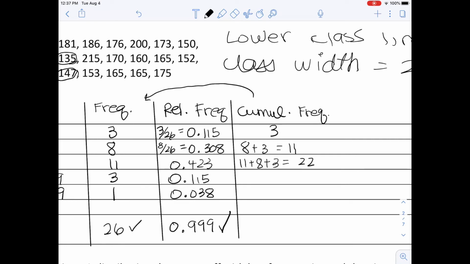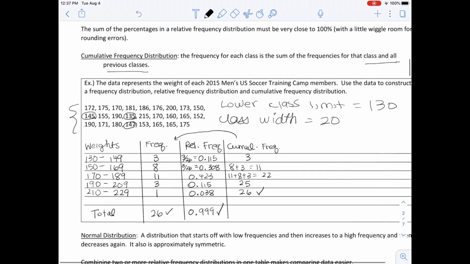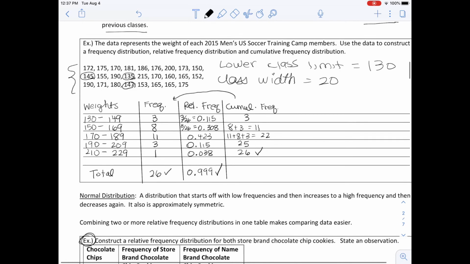Then I'm going to add up 3 plus 11 plus 8 plus 3, and we get 25. And then adding up that whole entire column that we have, we get 26, which should check to your total frequencies. So this is a cumulative frequency distribution, a relative frequency distribution, and then also a frequency distribution.